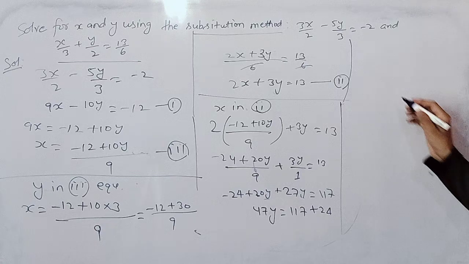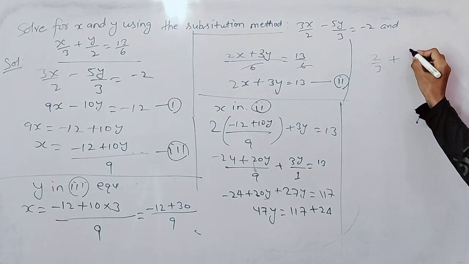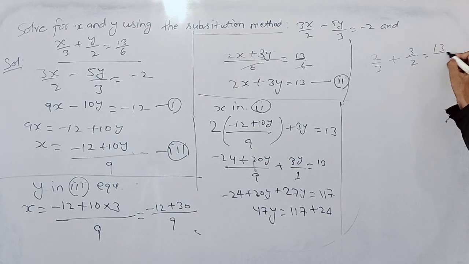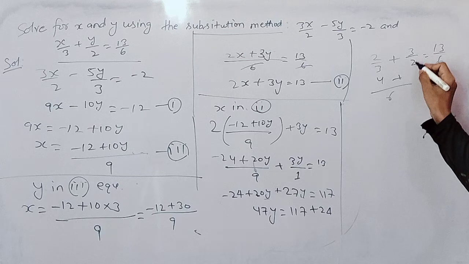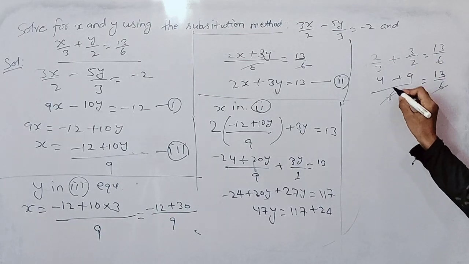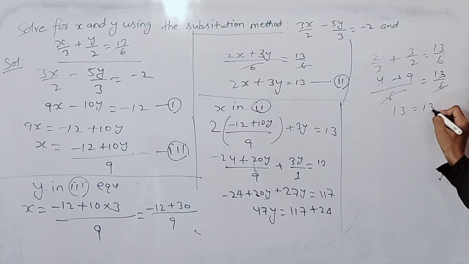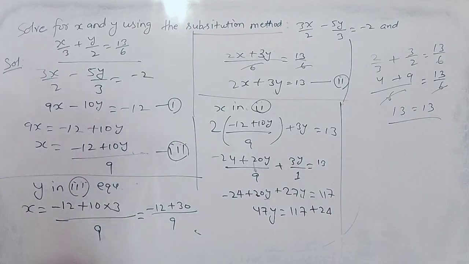Here x came as 2 and y came as 3. 13 upon 6: 2 times 2 is 4, 3 times 3 is 9, so 4 plus 9 is 13, 13 upon 6. The 6 will cut. 13 is equal to 13. LHS is equal to RHS. That's why our answer is correct.